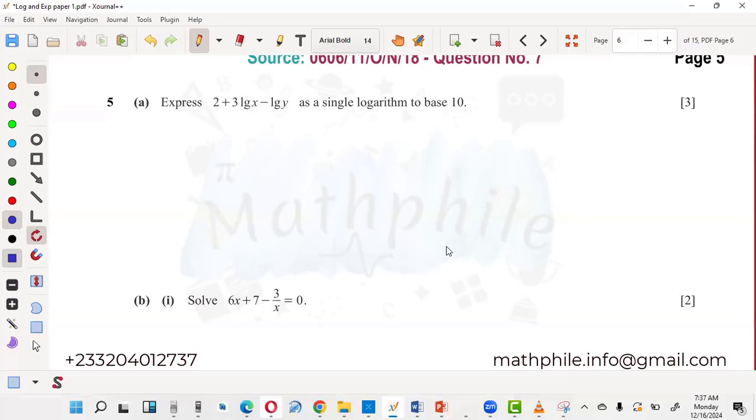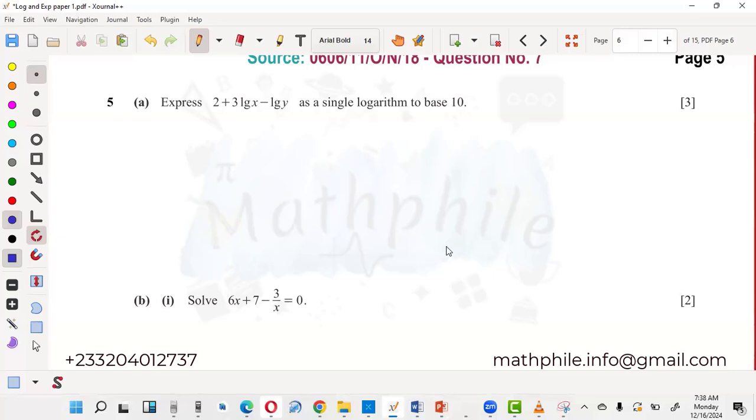So I'm supposed to write 2 as a log, right? Yes, please. And that would be log 100. Okay, let me see what I did. I wrote 2 as a log. So I wrote log 100 plus log x cube minus log y. But I'm not done.